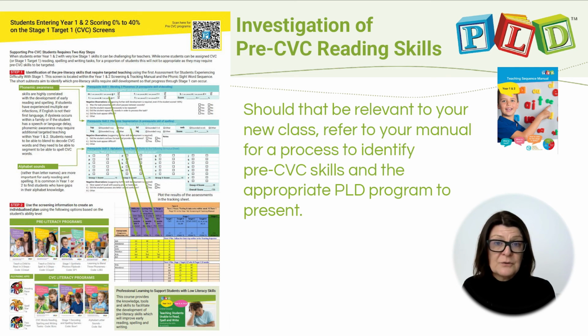You've got a page in your manual with 3 subtests, 3 to 4 minutes of testing. That information can also be integrated with your Term 1 tracking sheets. These students potentially are missing some of their foundation skills.